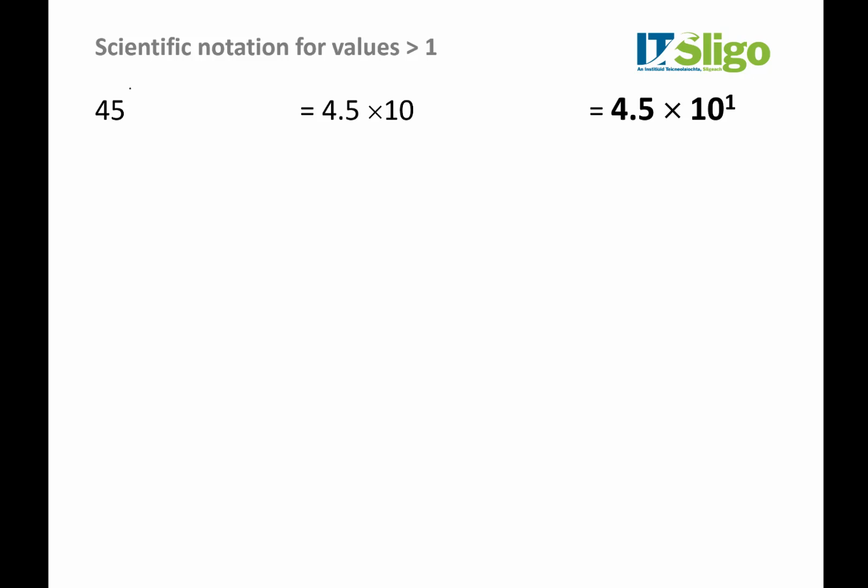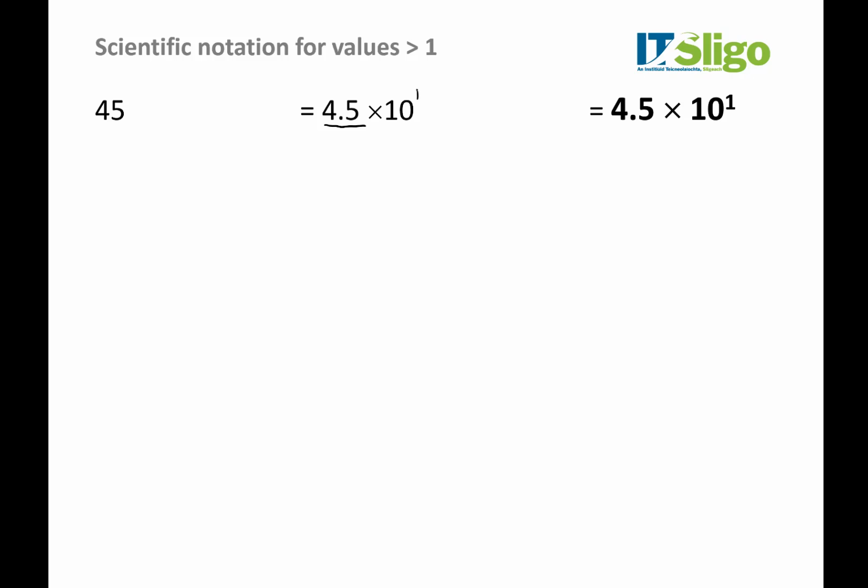So here we have the number 45. Now we want to write the 45, first of all, in a form that's between 1 and 10. The only value that's between 1 and 10 is 4.5. So that's where this comes from. Now 45 is 4.5 by 10.